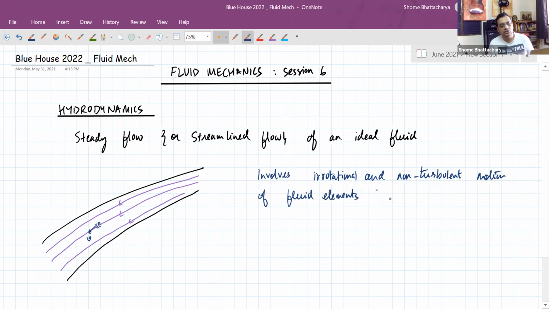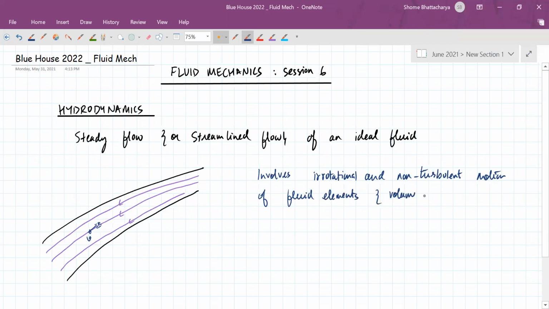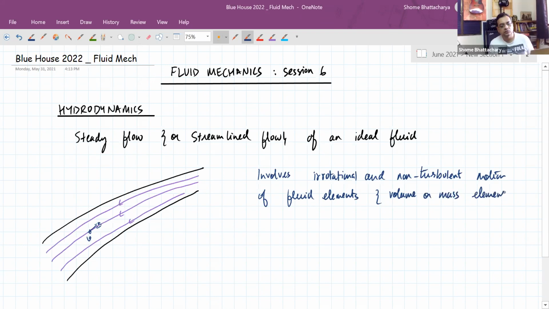So what we mean by fluid elements is volume or mass elements of the fluid.